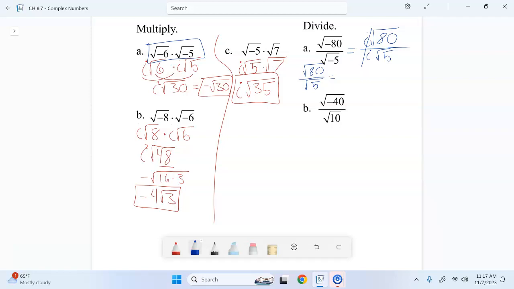How can I rewrite the square root of 80 over the square root of 5? Write it as one radical: the square root of 80 over 5.